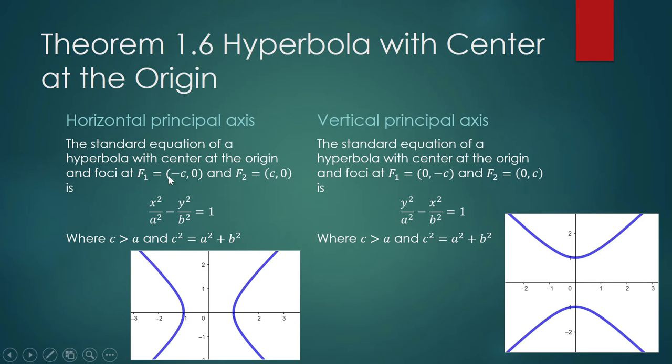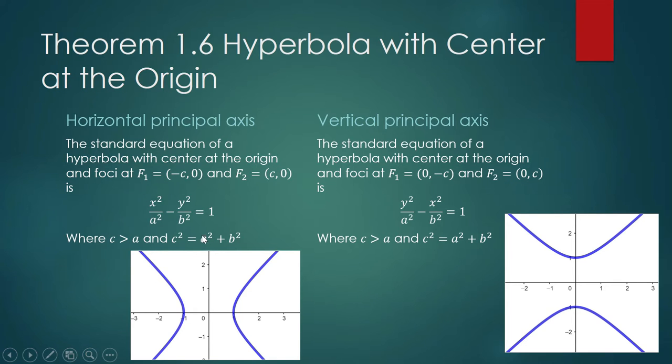So let us pay attention to the equation. What makes it distinct from the equation of an ellipse? Well, the operation. For your ellipse, the operation between the two terms is addition. But for a hyperbola, the operation is subtraction. How can you tell if the principal axis is vertical or horizontal based on the equation?